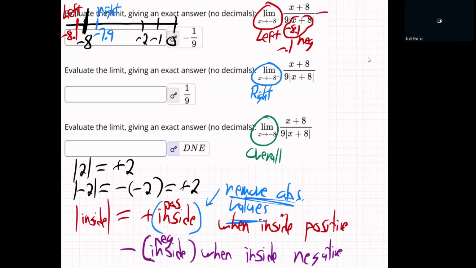So this will equal, it's going to be x plus 8 on the top. And on the bottom, the 9 will be, and I'm just going to put the minus on the 9, which is in the front. And the limit is still out there. Let me just put the limit right here.